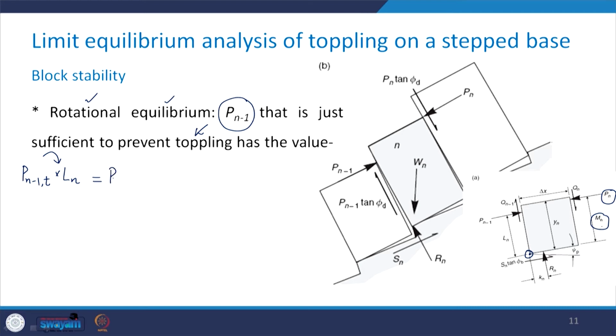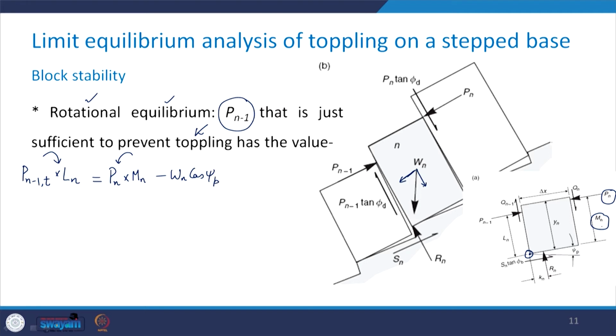So, this is how we are going to write Pn into mn and it is going to be in this direction. Then this weight component, so you will have these two weight components, one like this and another one like this.